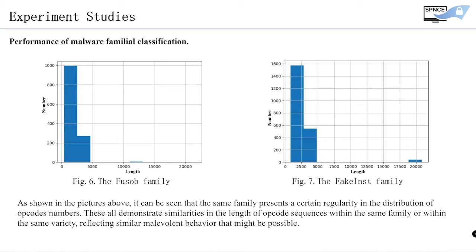As shown in the pictures above, it can be seen that the same family represents a certain regularity in the distribution of opcode numbers. These all demonstrate similarities in the length of opcode sequences within the same family or within the same variety, reflecting similar malicious behavior, and that might be possible.